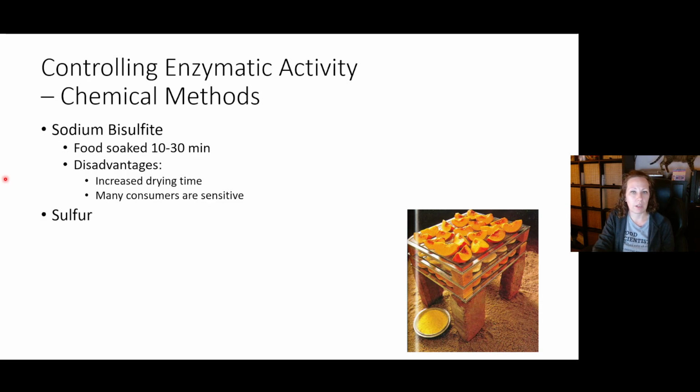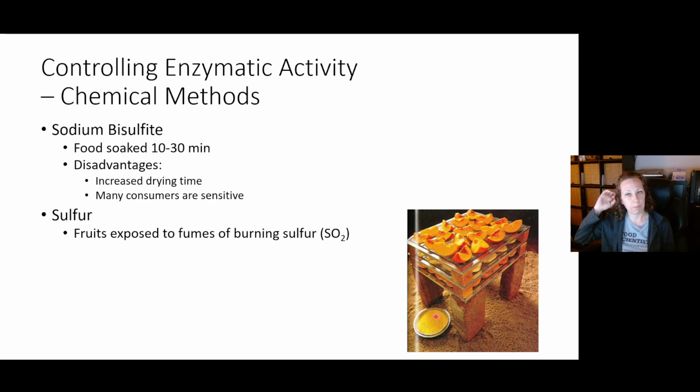Okay, the other method is actually using sulfur itself. And how this works is that there is a plate of sulfur that is put underneath the fruit, and then they light this sulfur on fire. There is a video on the YouTube channel that I put up there of this process.